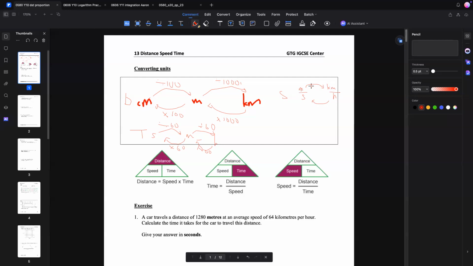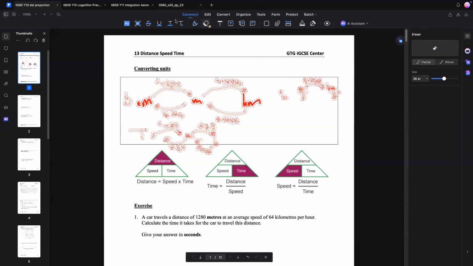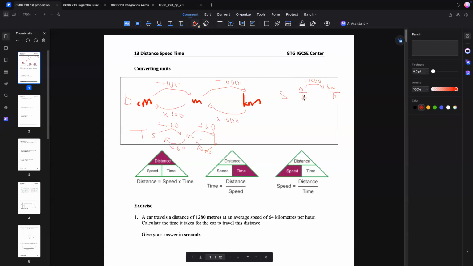What do we divide by, not times? From meter to kilometer is divide by 1,000. And from second to hour is divide by 3,600. So copy this one down first.